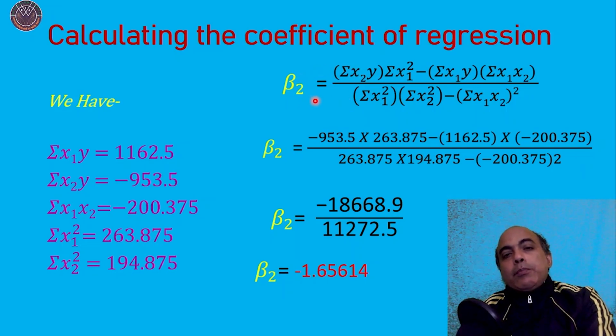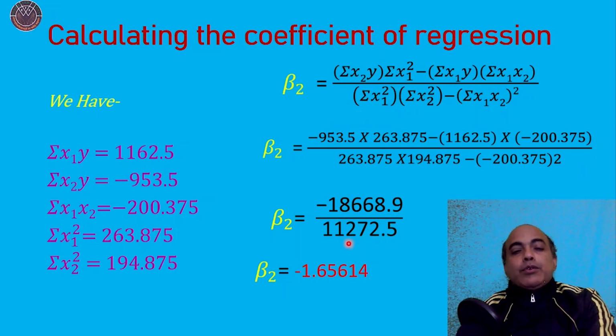we will get beta 2 as minus 1.65614. You can see the formula of beta 2. The denominator is the same as in beta 1. You can see this factor, 11172.5, is the same in the previous coefficient also.